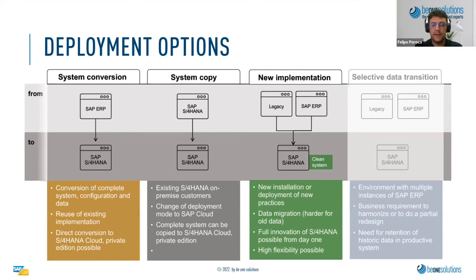So that's kind of the idea. So when you have big companies that you need to be careful about your data, or you need some more time, you can follow some methodology that can bring this data periodically, right? So that's what we call selective data transition. It's like an implementation by phases, right?